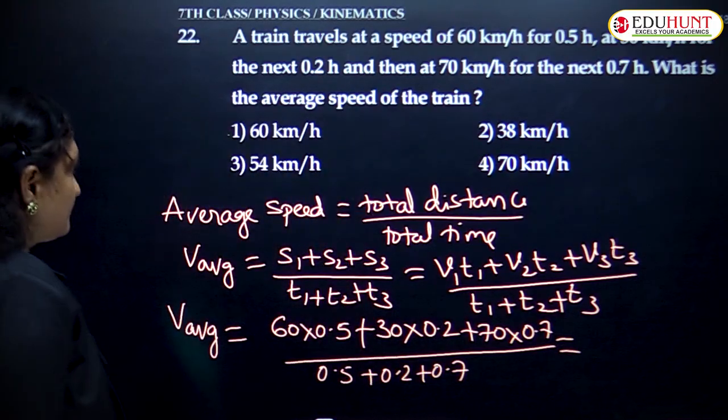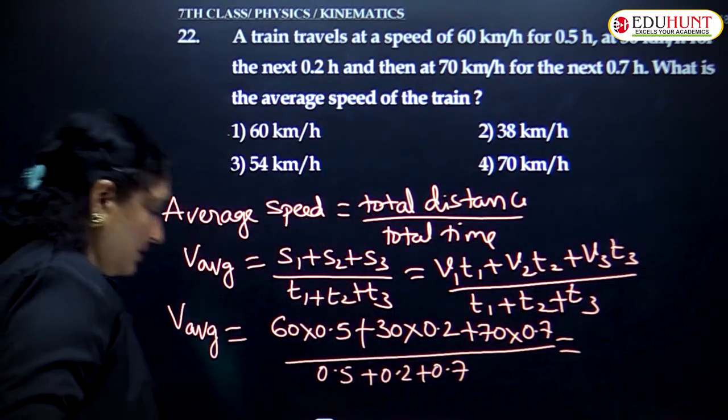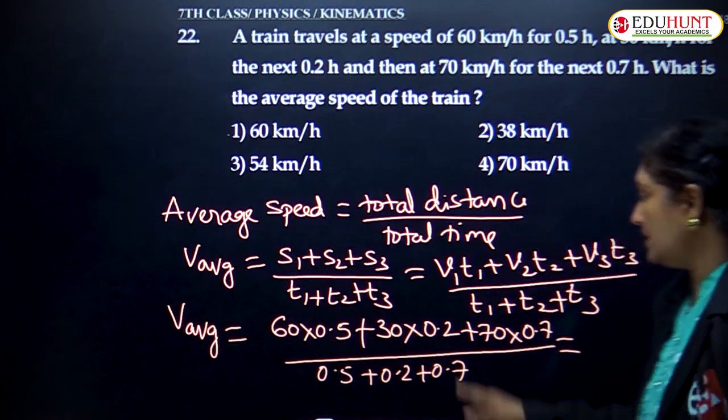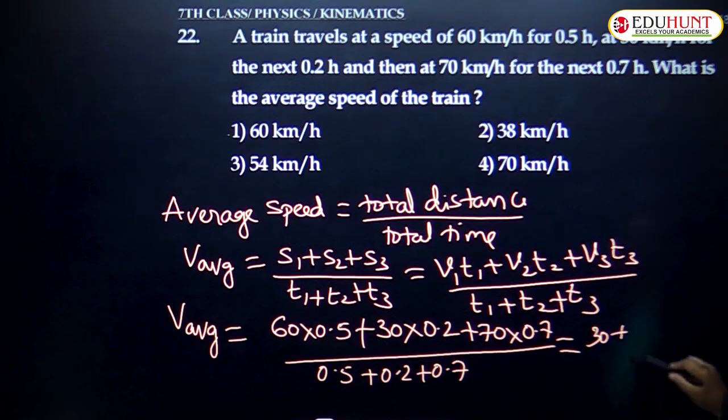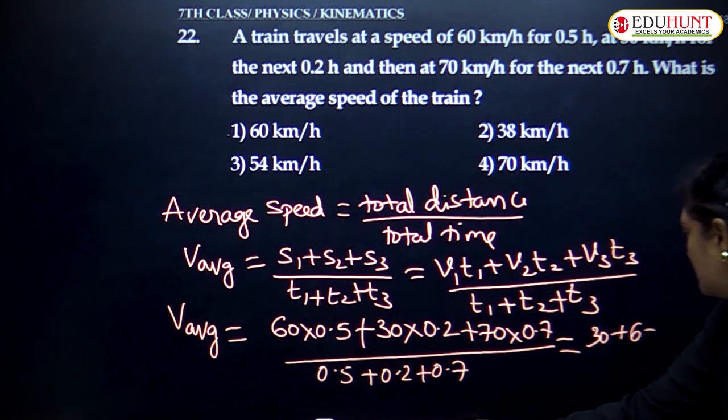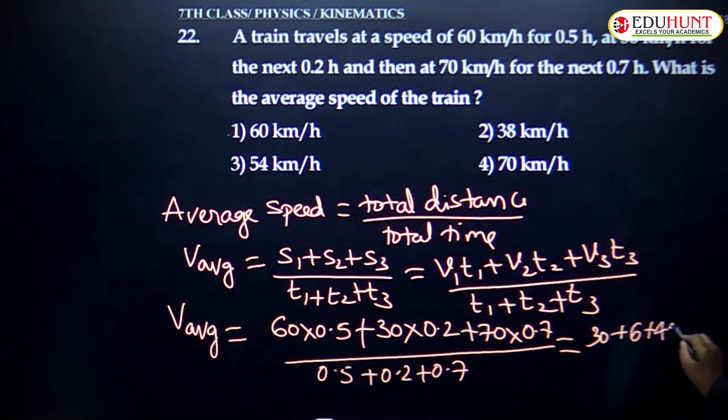Okay, children, so if you simplify further, how much will it be? 60 into 0.5 is found to be 30, plus 30 into 0.2 is found to be 6, and 70 into 0.7 was found to be 49, whole upon 0.5, 0.2 and 0.7.